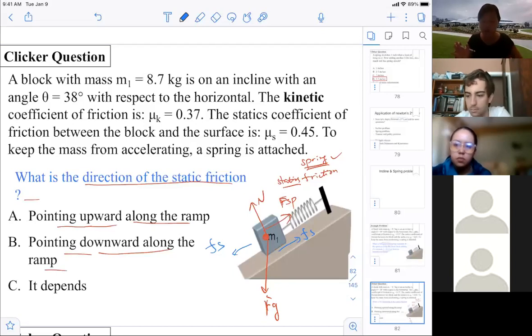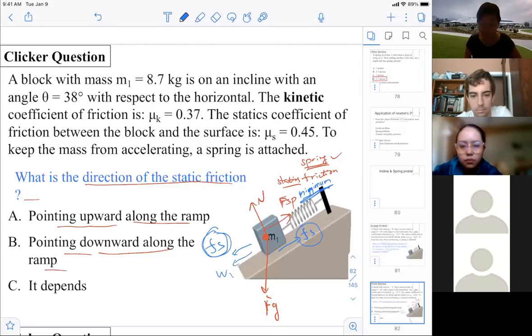So you can see in what scenario would make your spring force a minimum. So you want to have a minimum spring force. If F_s is pointing upward or F_s is pointing downward, which one of those is going to give you a minimum spring force?